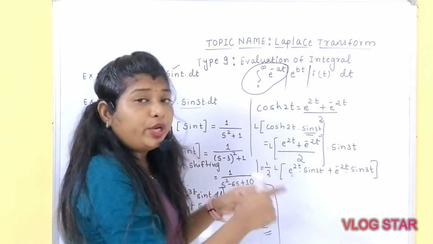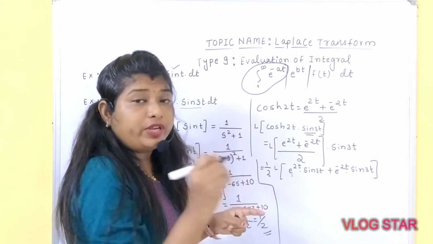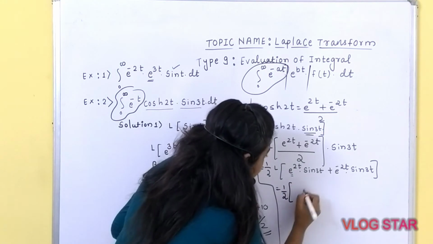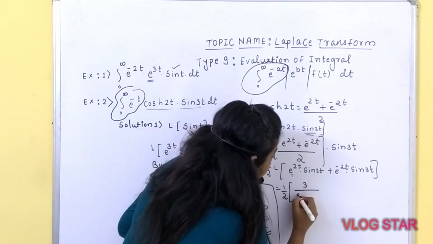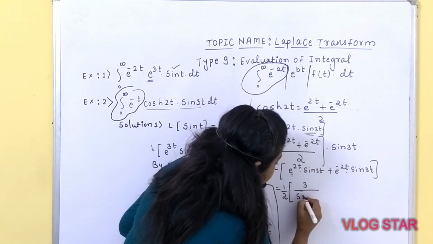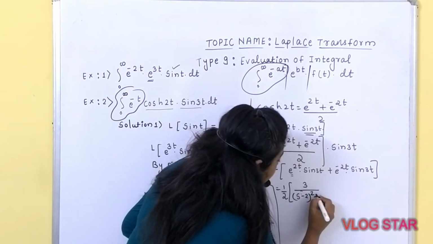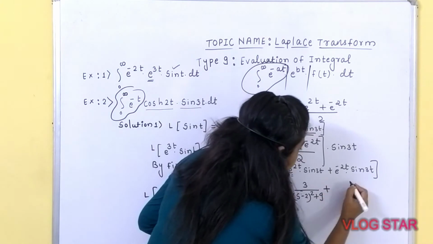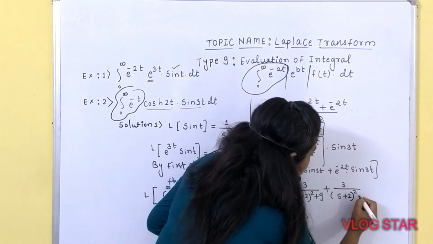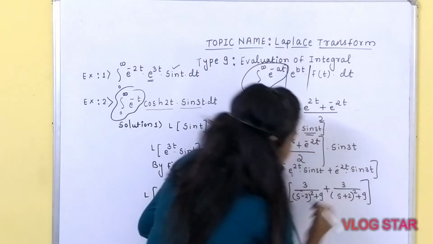So which theorem do you need to apply? The first shifting theorem formula. So by the first shifting theorem, you will get 3 upon, I need to replace s by s minus 2 whole square plus 9. Similarly, here I need to replace s by s plus 2 whole square plus 9.